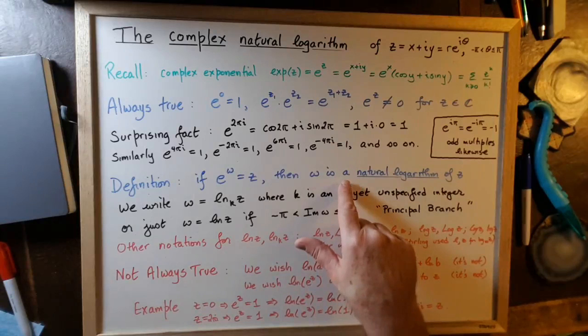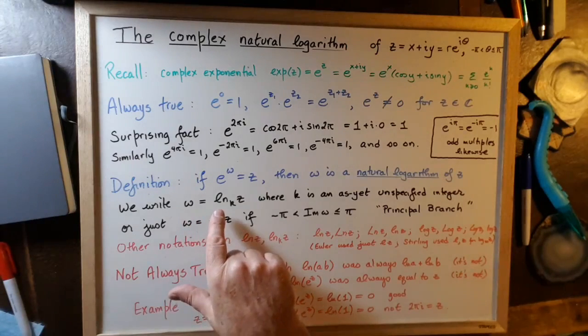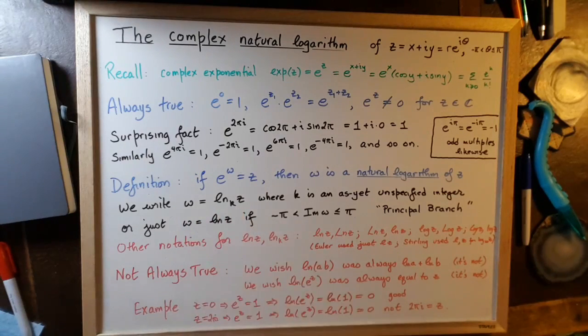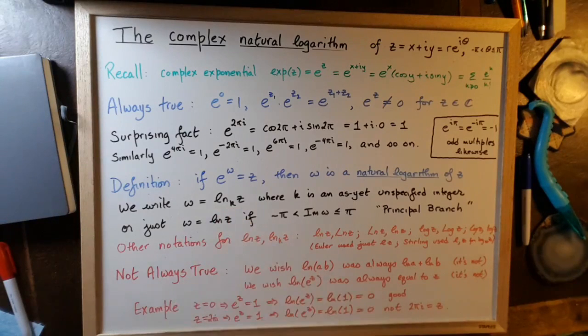And I use this article deliberately because we're going to see that there's more than one possible natural logarithm of z. We write w is ln sub k of z, where k is an as yet unspecified integer. This is an unambiguous notation because there is no other possible meaning for the subscript on a natural log.